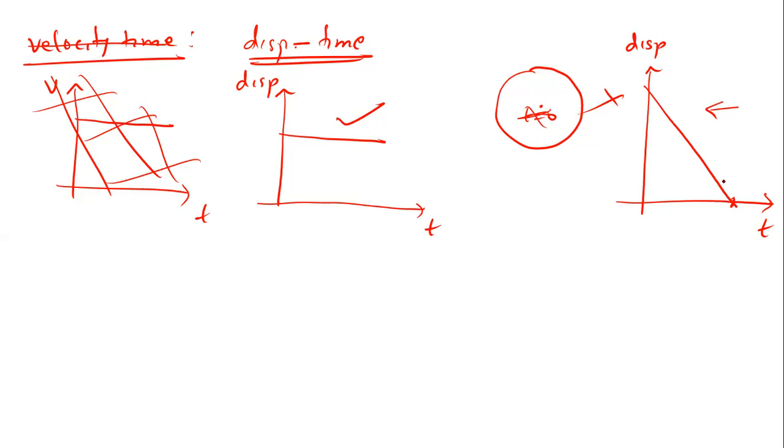I can also ask what is the meaning of the x-intercept and y-intercept? So the x-intercept is where x has a certain value and y is 0, and the y-intercept is the opposite.